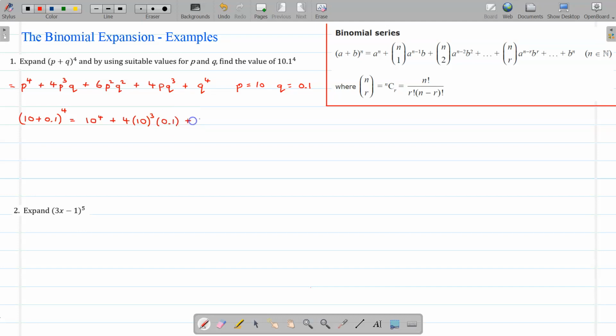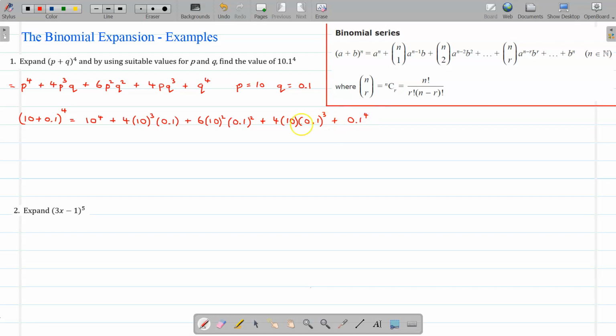And then we've got 6 lots of 10 squared multiplied by 0.1 squared, and then we've got 4 lots of 10 to the power of 1, which is obviously 40, times 0.1 cubed, and finally we've got 0.1 to the power of 4.